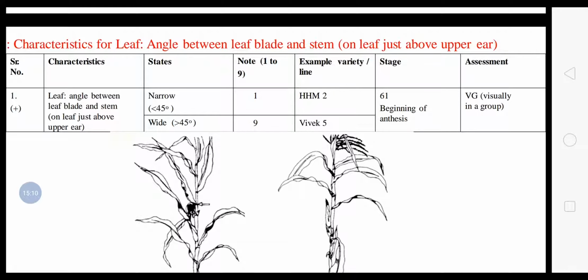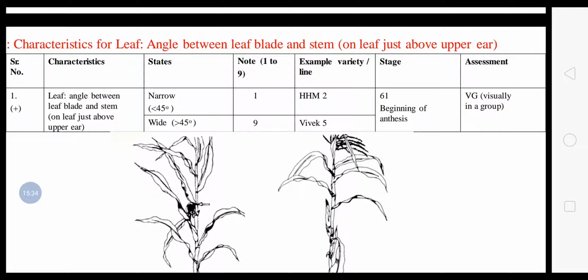The status may be narrow, less than 45 degrees, where we are talking about the angle, and wide means more than 45 degrees. Narrow is given score 1 and wide, more than 45 degrees, is given score 9.